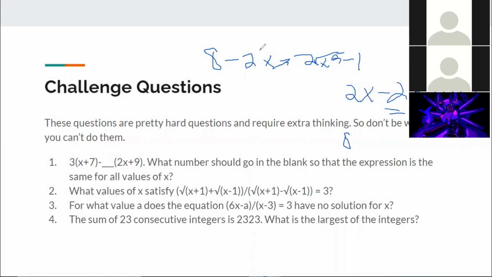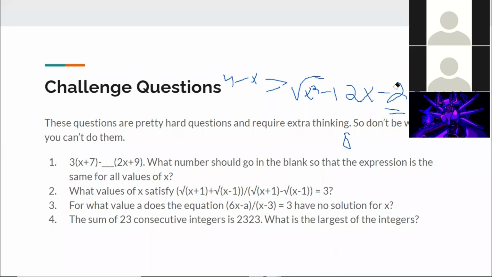Now you can divide both sides by 2. So you're going to get 3 minus x is equal to root x squared minus 1. And now the question should become easy.